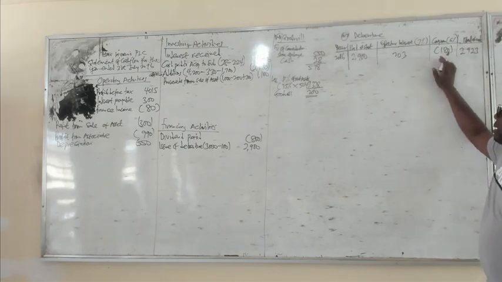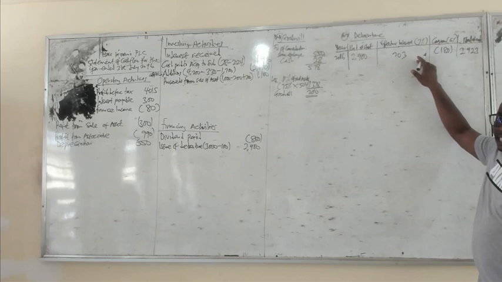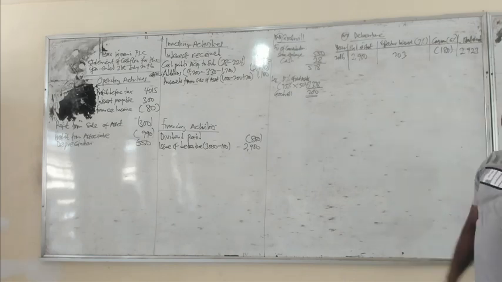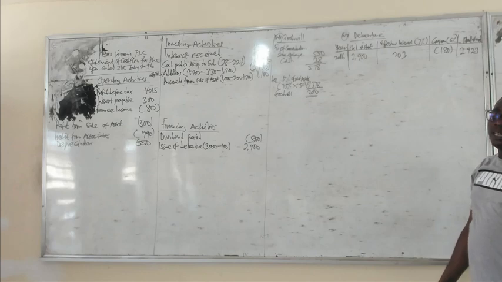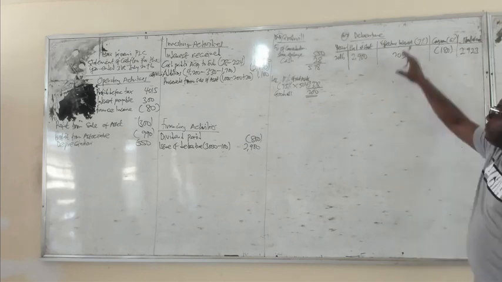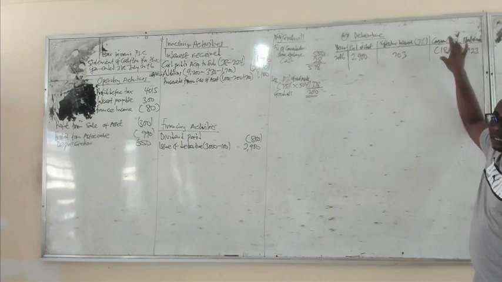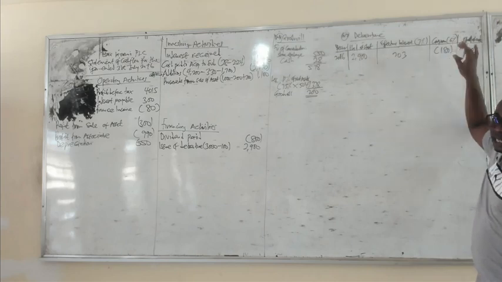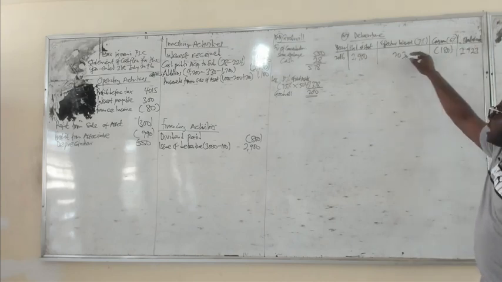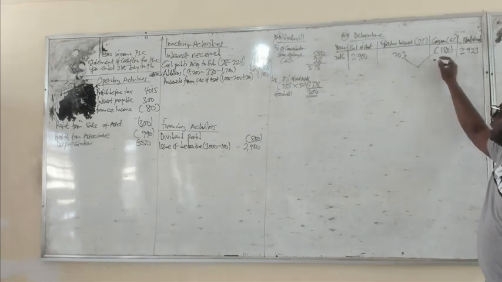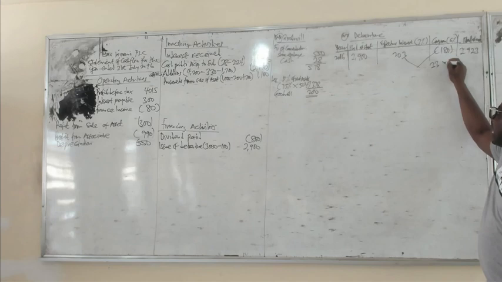But this effective interest is what goes to the income statement when we're learning financial instruments measured at amortized cost. We know that the figures here will go to the income statement, and what is here will go to the cash flow statement. So what it means is that the figure treated in the income statement has been overstated by an amount of 23. Are we getting it?